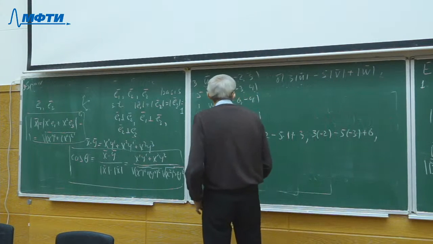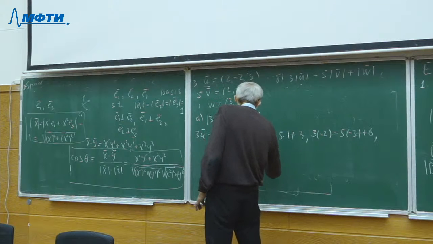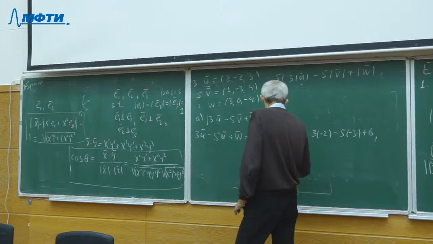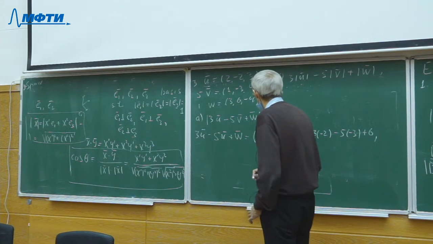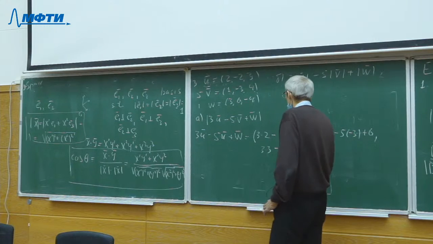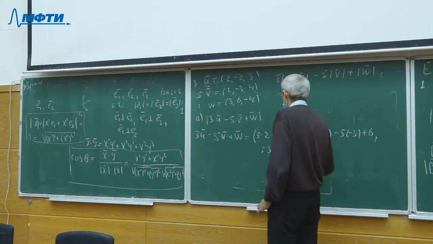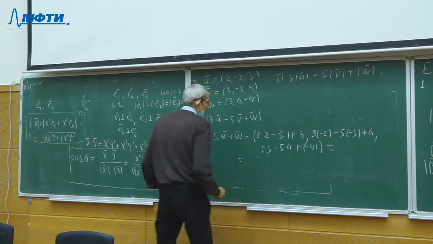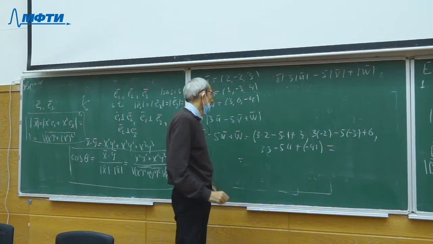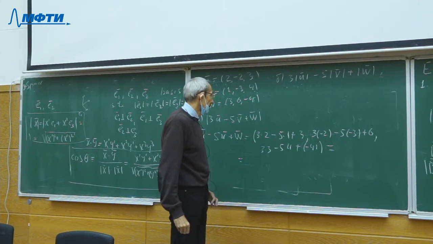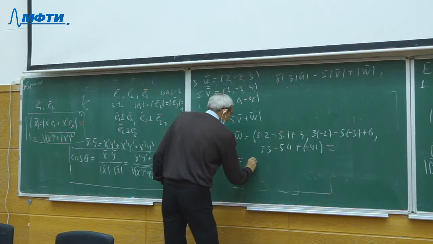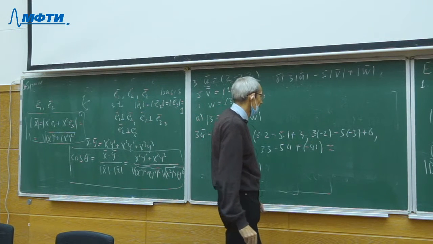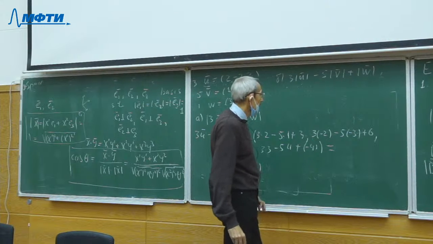And for the last coordinate, 3 multiplied by 3 minus 5 by 4, and plus minus 4. And we obtain 9 minus 20 minus 4, which gives 15.